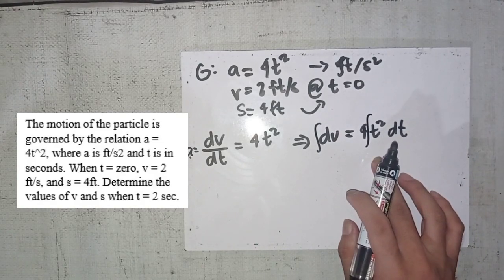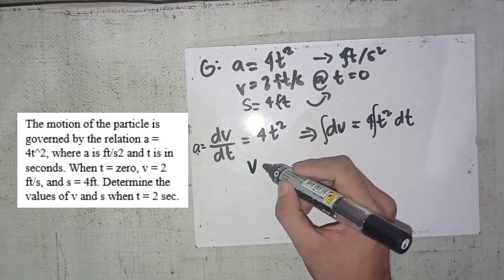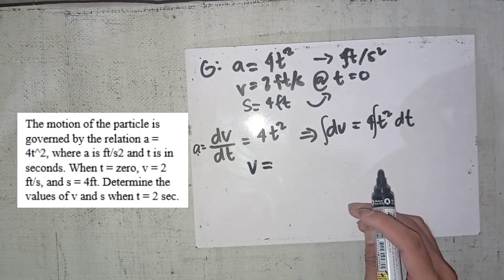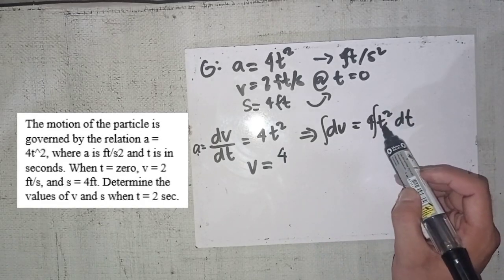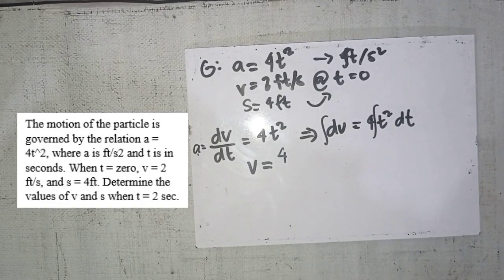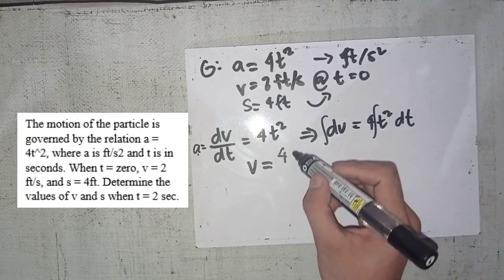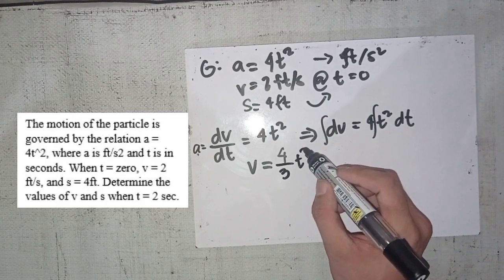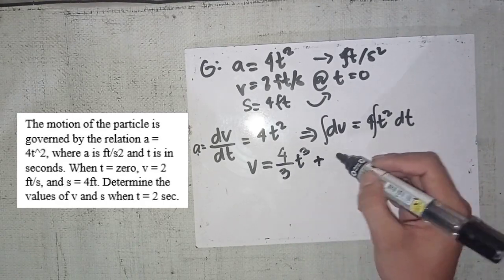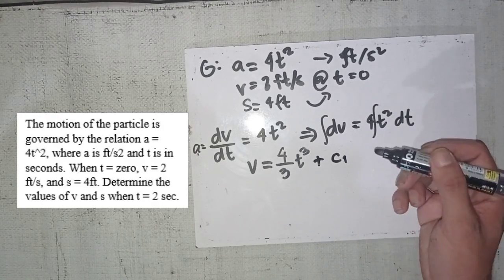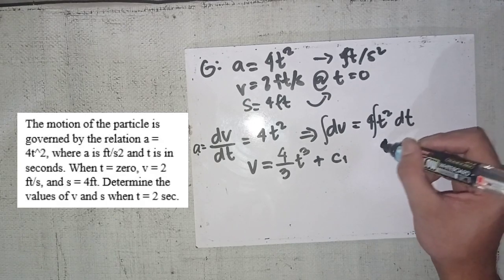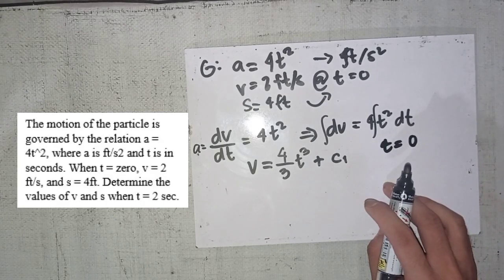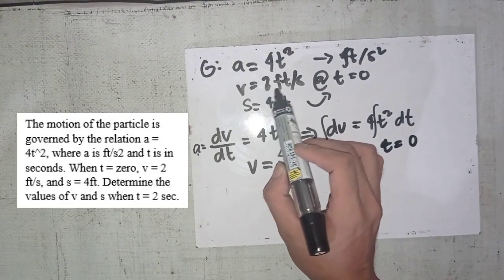What we get is v equal to 4 times t cubed over 3, since 2 plus 1 is 3, plus the arbitrary constant 1. So at time equal to 0, we have a given velocity of 2 feet per second.